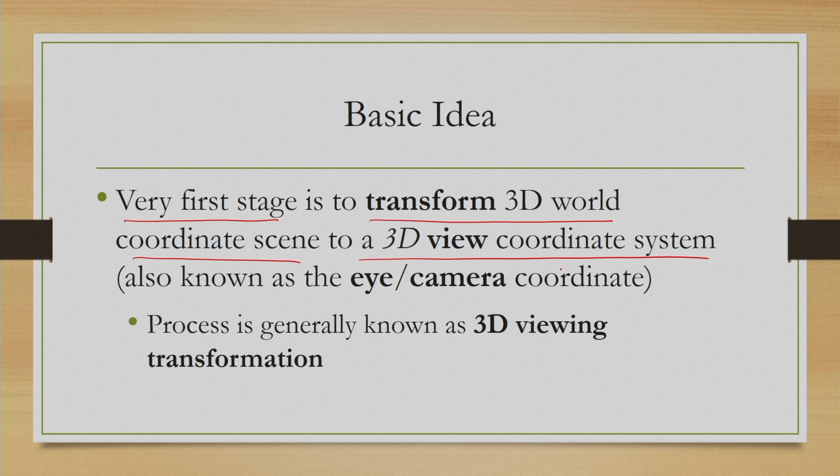Now, this 3D view coordinate system is also known as the eye coordinate system or a camera coordinate system. And this process of transforming from 3D world coordinate to 3D view coordinate is generally called the 3D viewing transformation. So, this is the first stage in the 3D viewing pipeline.